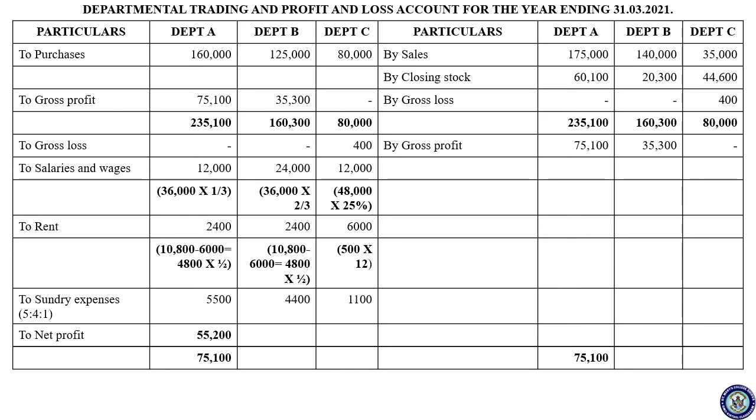Next department B, total 35,300. Now you find the difference. So the difference is 4,500.